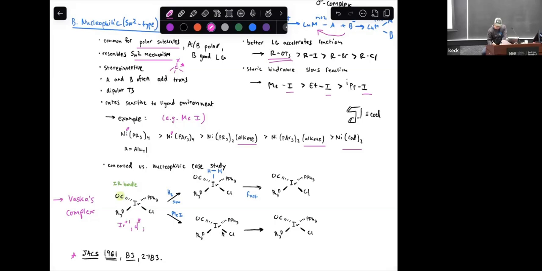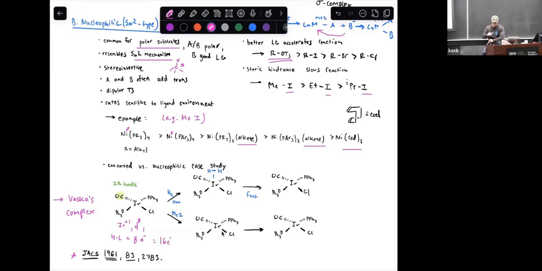And then you have 4 L-type ligands, which will give you 8 electrons. And then if you add them together, you have 16 electrons.